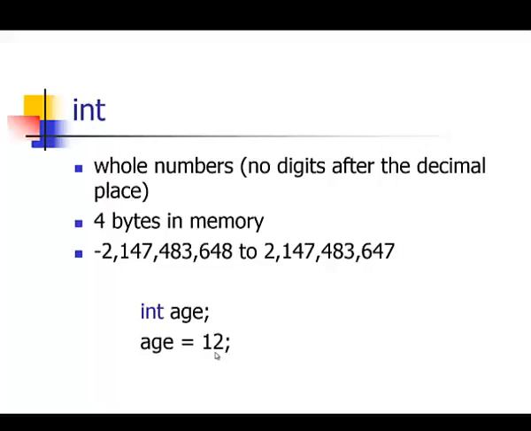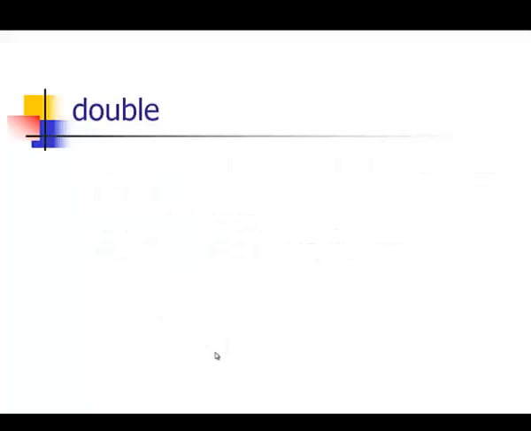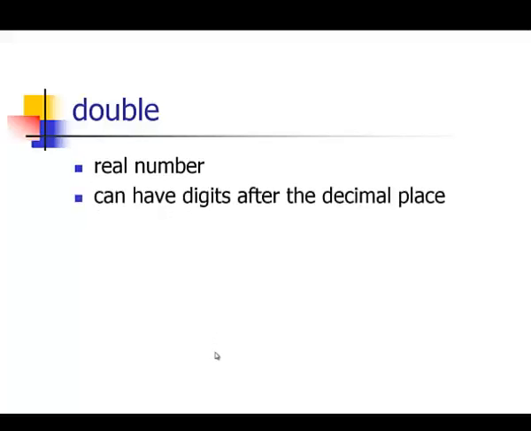Often we want to use numbers that have decimal places. These are called real numbers or floating point numbers. One data type that can hold these type of numbers is the data type double. It can contain real numbers, which means it can have digits after the decimal place.